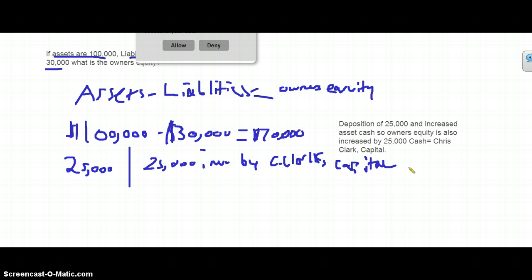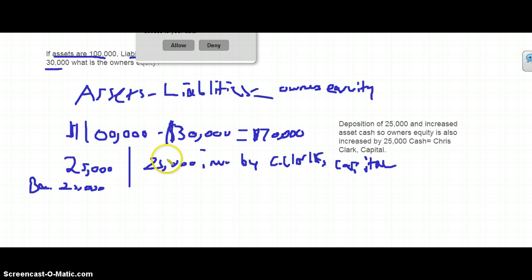And let's say he exchanged cash for land, $20,000 worth of land. So we would have a balance over here. We have 25,000 because of our original investment.